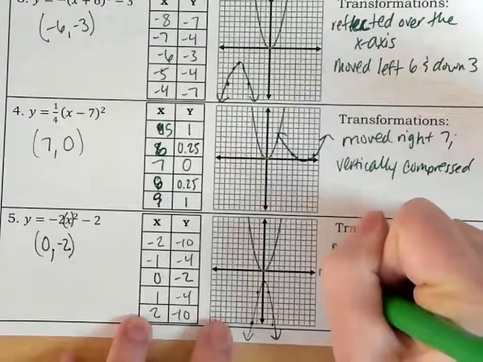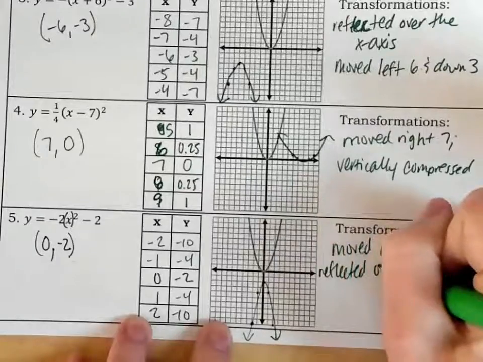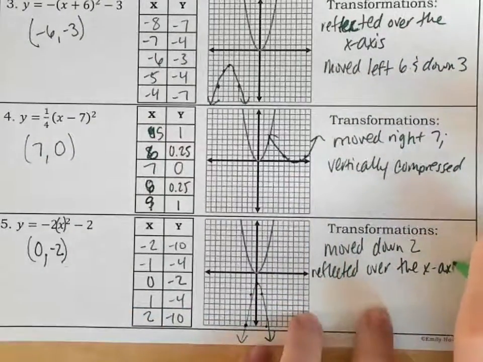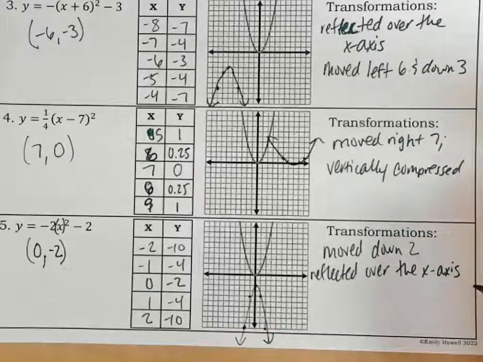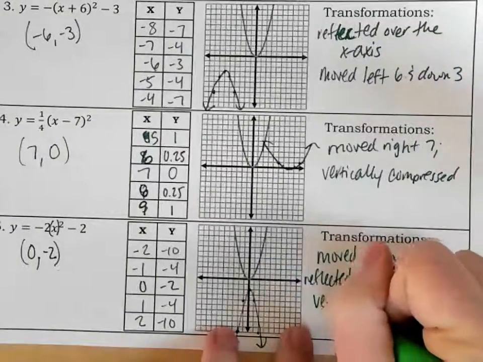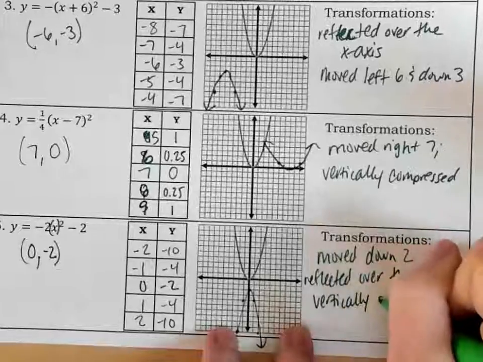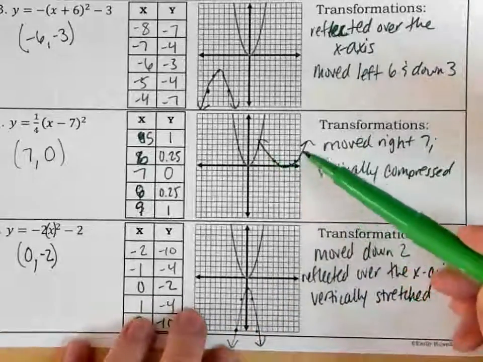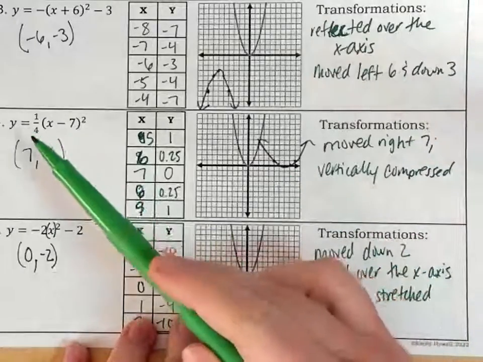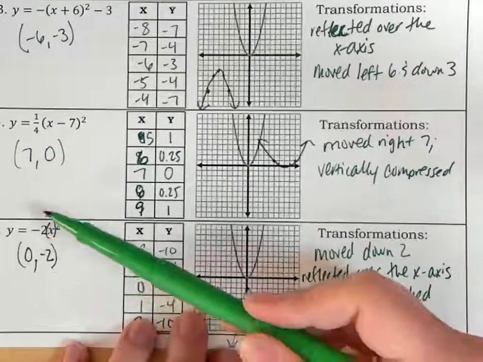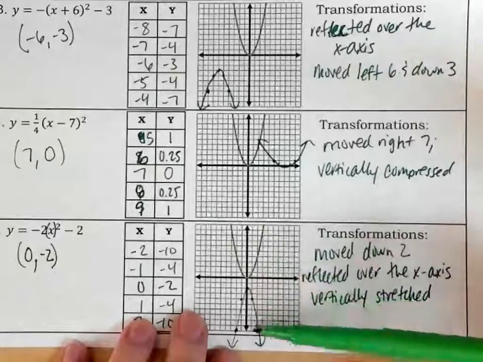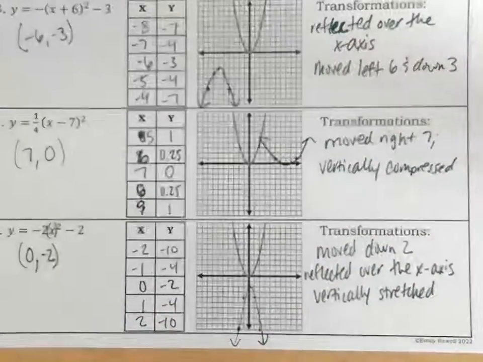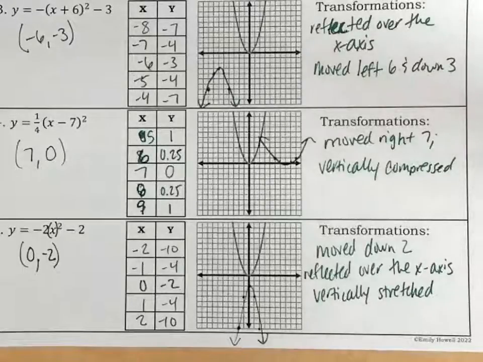It has reflected over the x-axis, has flipped upside down, and it has been vertically stretched. So here it was that compression, that smaller scale. This one has that larger number, the 2, and so it's kind of stretched it back out a little bit. So just a couple of differences and things that I wanted you to be able to see as we work through transformations.